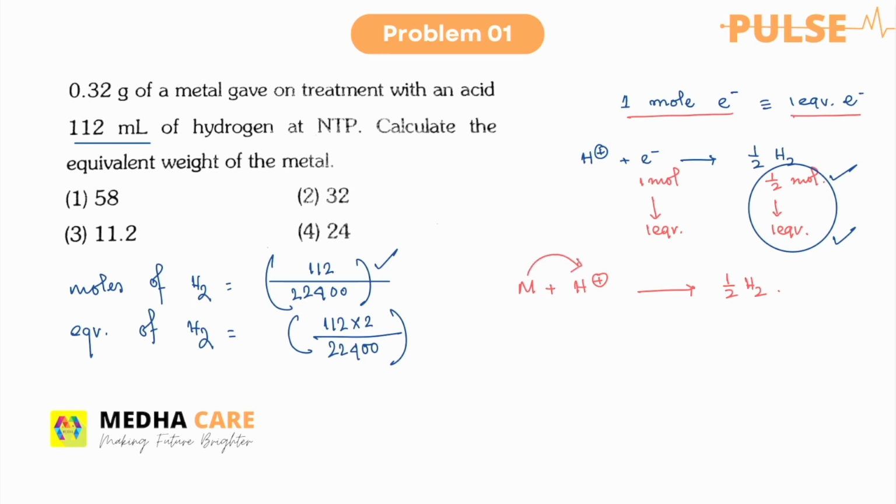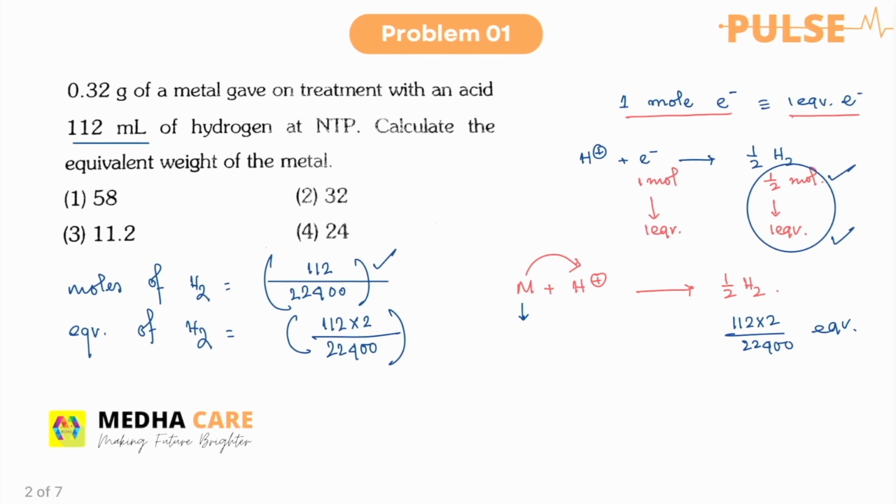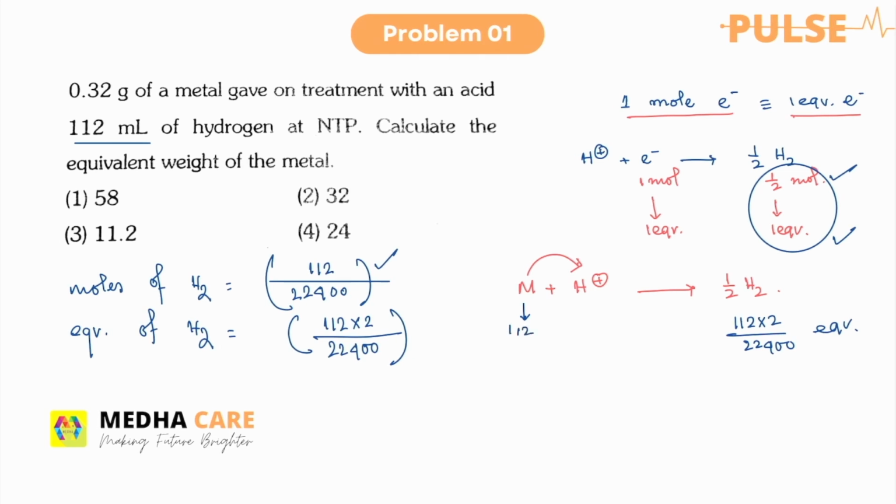Similarly we are getting electron from here. Now check, we have 112 into 2 divided by 22,400 equivalent of hydrogen, so the equivalent of metal will be the exact same amount.